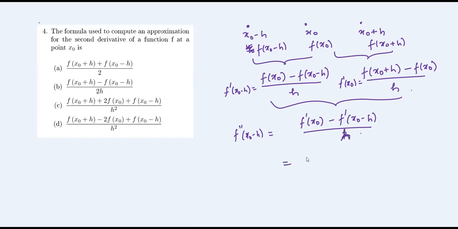So this will be f of x naught minus f of x naught minus h, minus, sorry, f of x naught is this. So f of x naught plus h minus f of x naught by h, minus f of x naught minus f of x naught minus h by h.